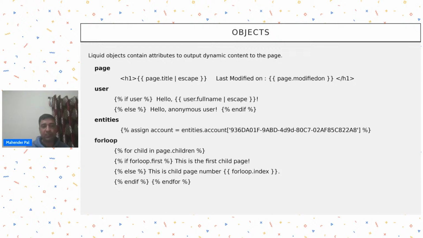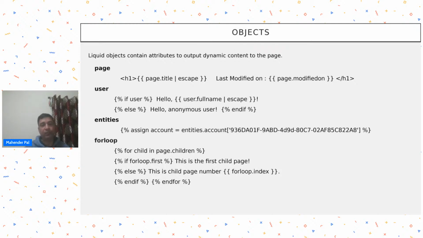Starting tag, and then we are using for, and then the object child in page.children. So under the page we are checking what the different sub pages are, and we want to loop through all the sub pages that are part of the particular page we are on right now. Under that we can see the forloop object is used, with the dot first property.